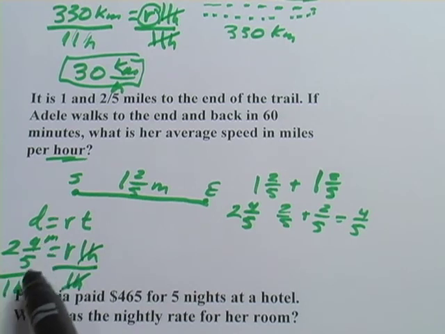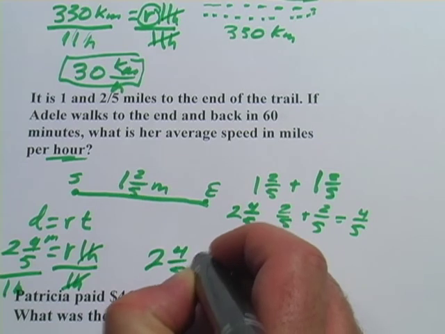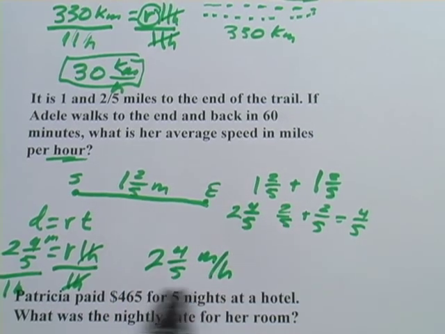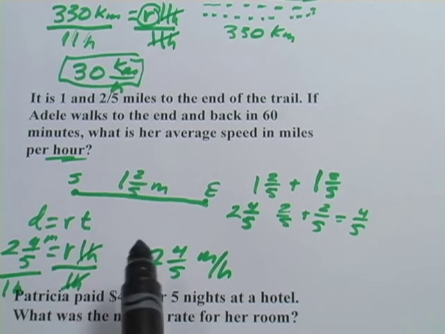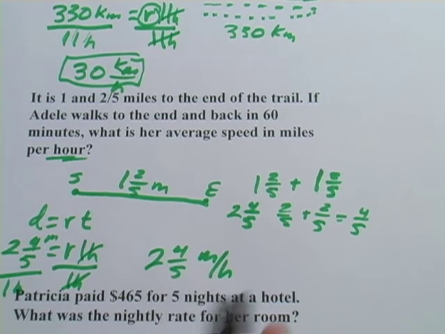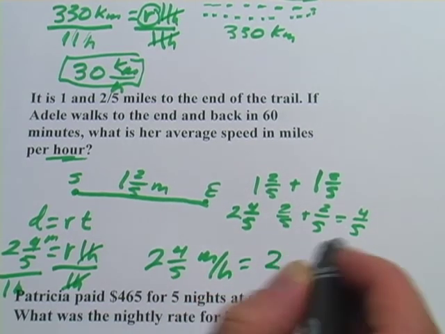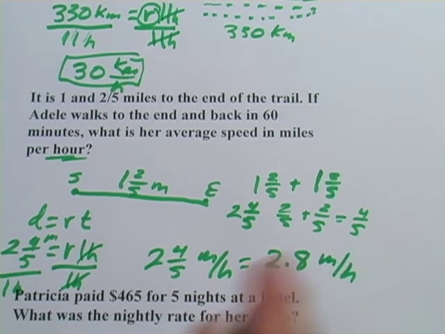And I have 2 4/5 miles per 1 hour, or 2 4/5 miles per hour. So that is how fast she's walking. If she's doing this in an hour, that's how many miles she's going per hour. If you want to convert this to a decimal, you can plug 4 divided by 5 into your calculator, and you'd find out it would be 0.8. So this would be 2.8 miles per hour, which is a pretty nice walking pace.